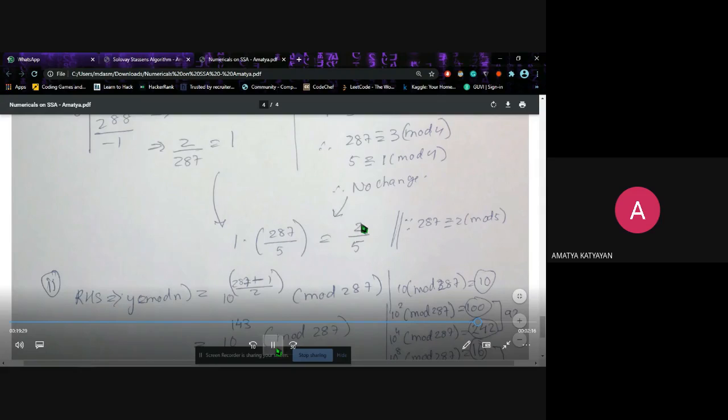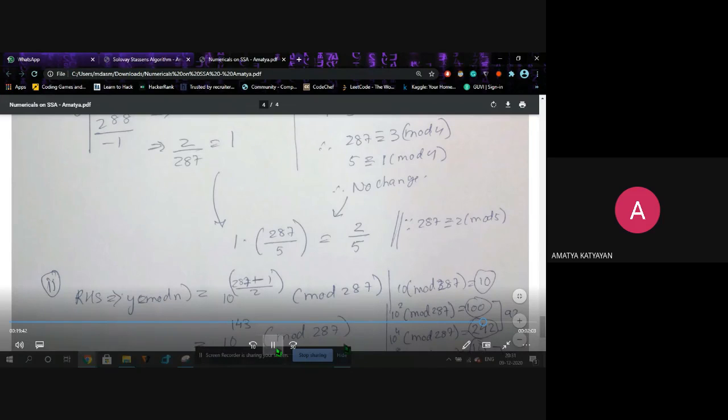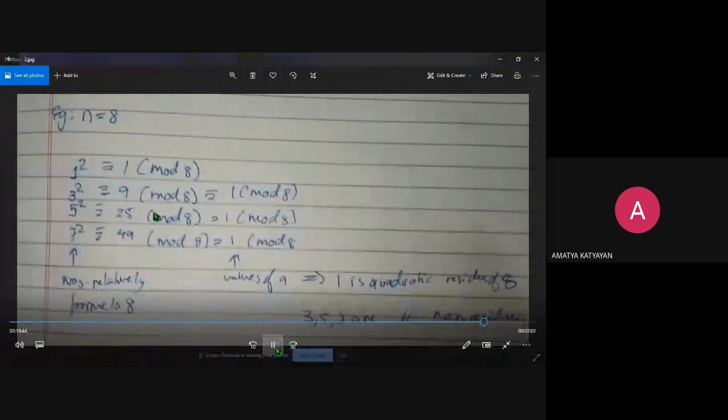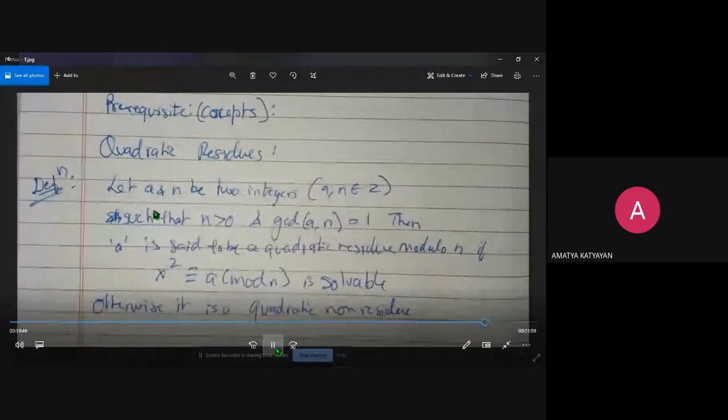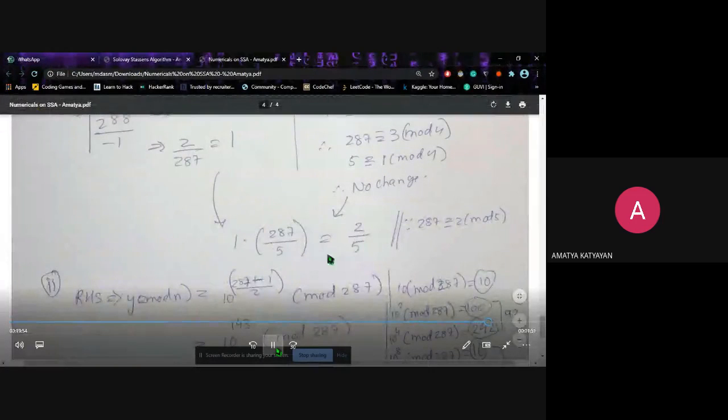It cannot be solved further since 2 is not a quadratic residue of 5, which we have discussed before. So it is not a quadratic residue of 5 according to the conditions that we have discussed before. Now that you can solve and check.